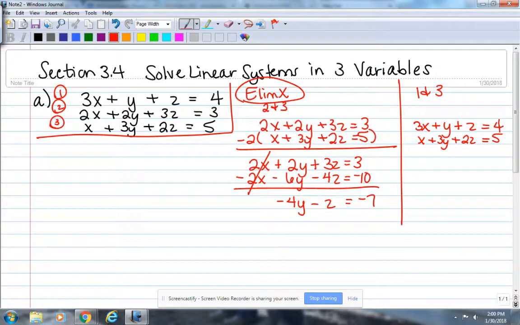Now again, we're still eliminating our x. What are we going to have to multiply where to get the x's to cancel out? Negative 3, second row.